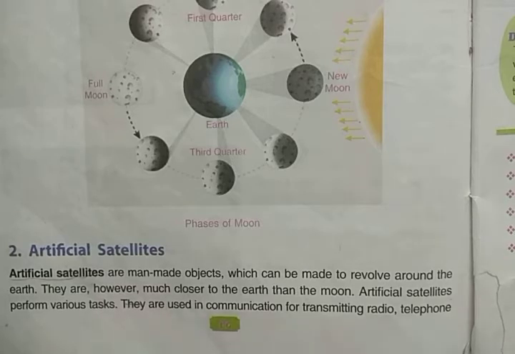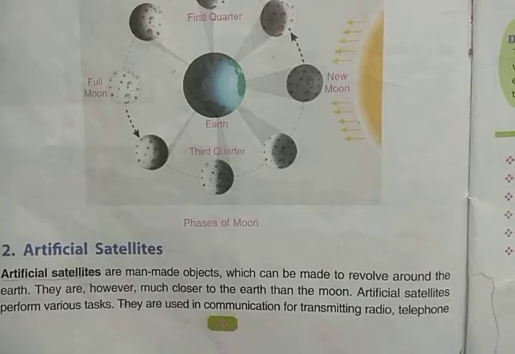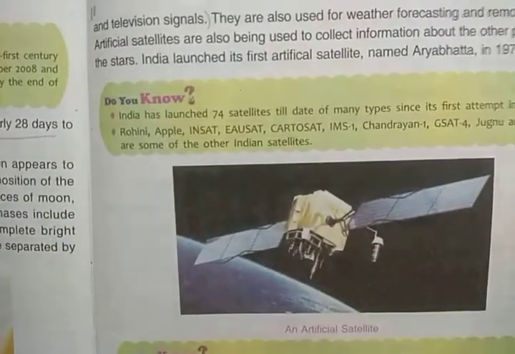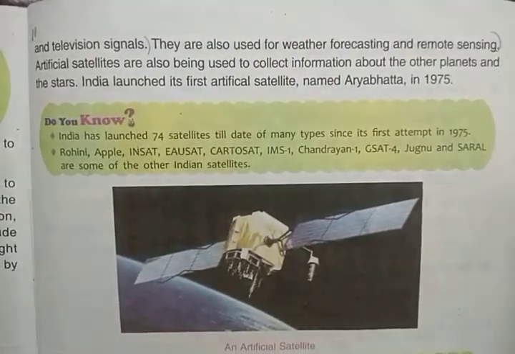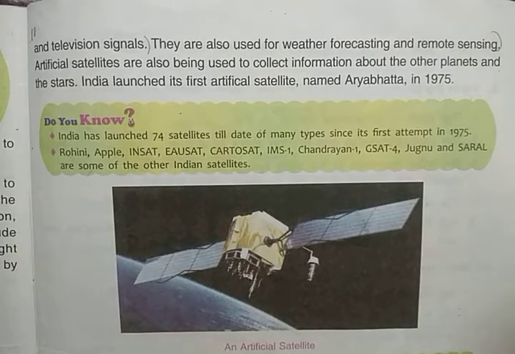So ये सैटेलाइट्स होते हैं, ये कम्युनिकेशन के लिए हेल्प करते हैं. हमारे रेडियो, टेलीफोन एंड टेलीविजन जो सिग्नल्स होते हैं वो ये ट्रांसमिट करते हैं, जिसकी वजह से आपको रेडियो भी सुनाई देता है. उसमें जो कहीं पर कोई बोल रहा होता है और आपको यहाँ पर सुनाई देता है.